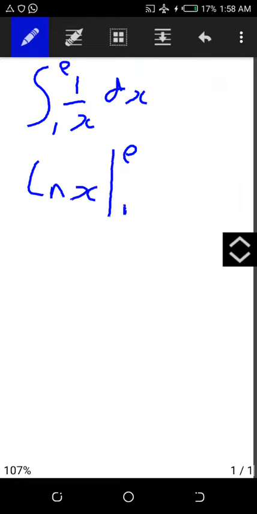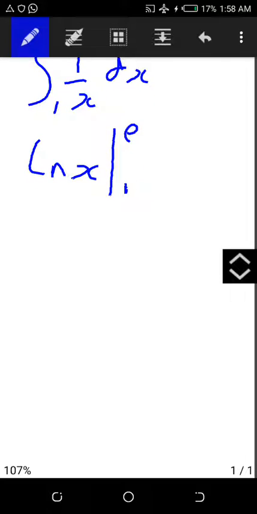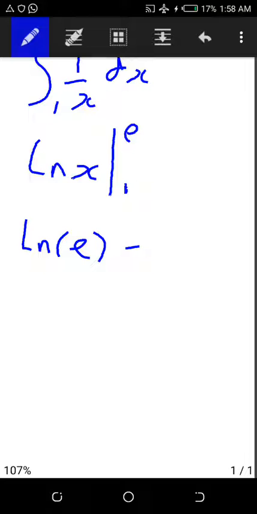Now the next thing for us to do is to put the value of our boundary conditions into our integral function ln x. So when we do that, we have ln e minus ln 1.